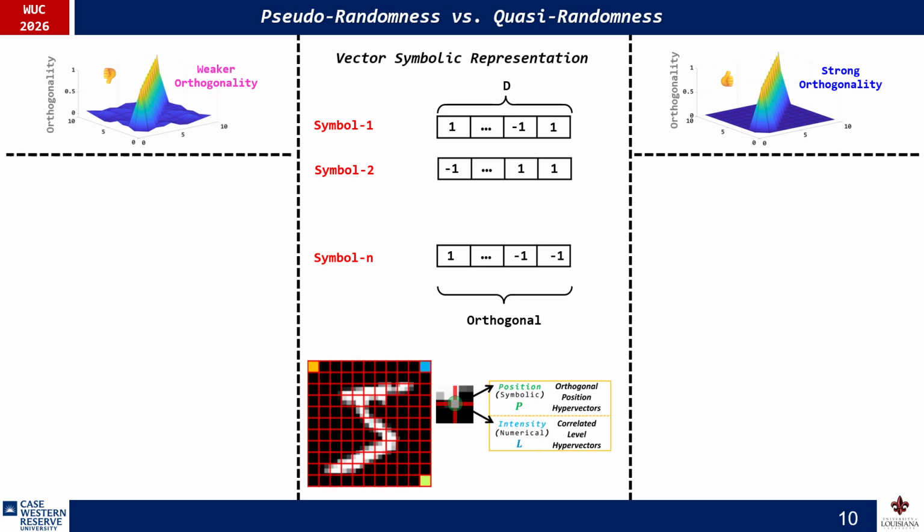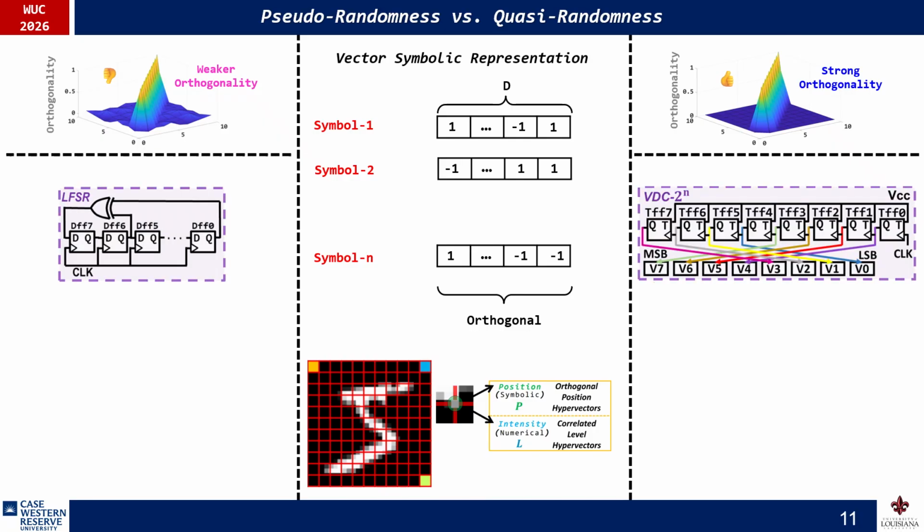But first, for this full orthogonality, we may have two settings. One is pseudo-randomness and the other is quasi-randomness. For the first, we may have something like LFSR, linear feedback shift registers, but I may need multiple LFSRs for each symbol.